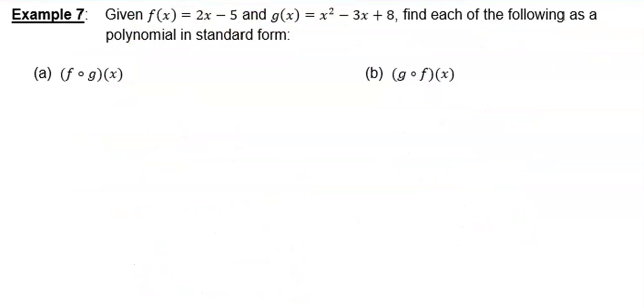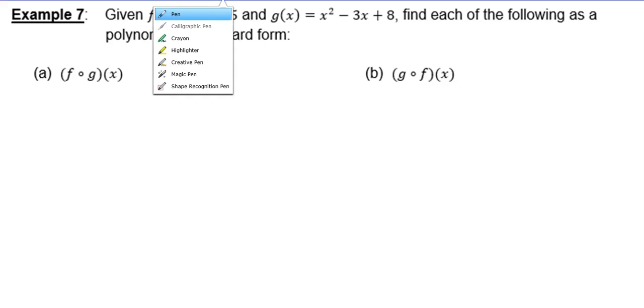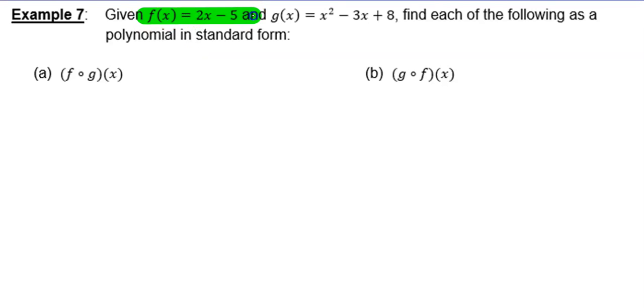So last problem, example 7. We have f of g of x as our first problem. I'm going to color code. All right, so f of g of x means I want to take the g of x, that's first. I need to fill it into f. So I'm going to start with the f because g of x can't be done anything more with.